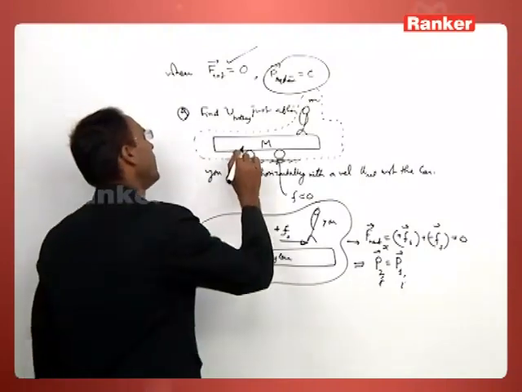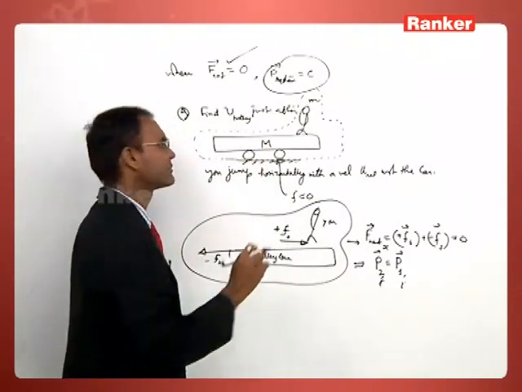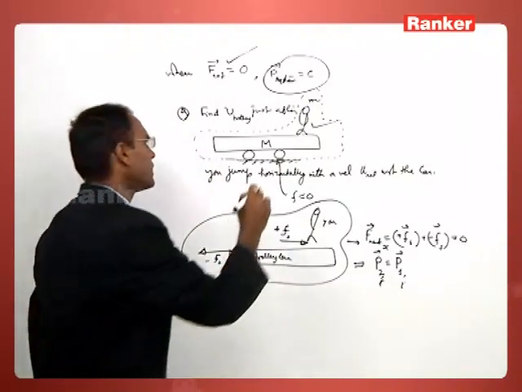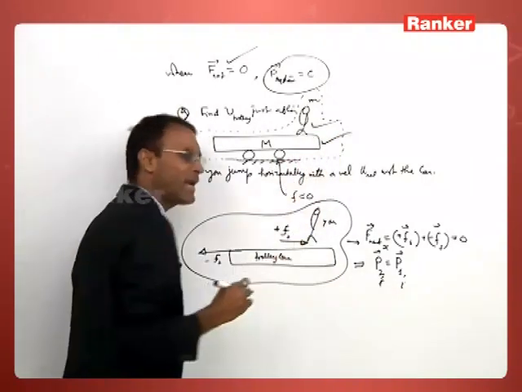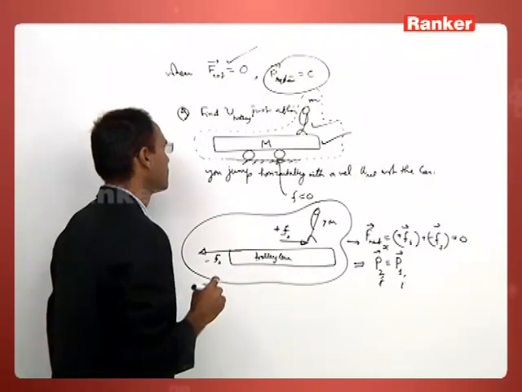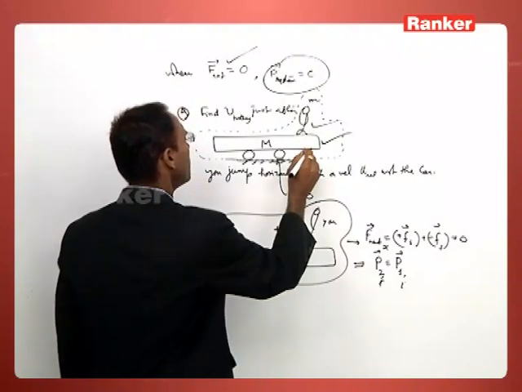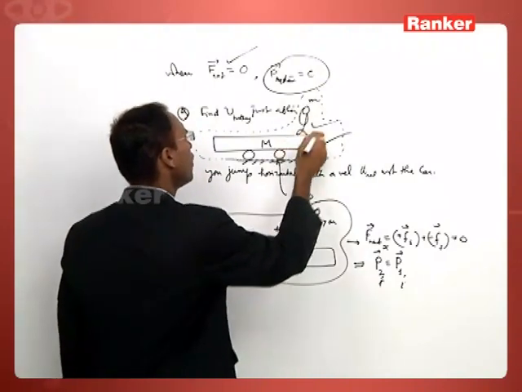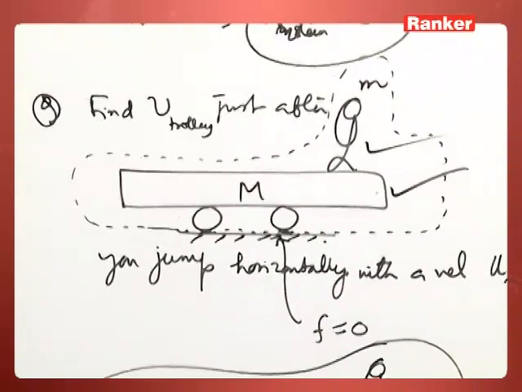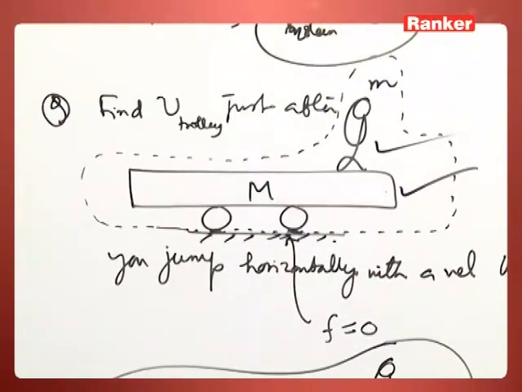It's your choice. Since initially you are at rest, the trolley car was also at rest. Momentum of the trolley car and your momentum, both the momenta are individually 0.